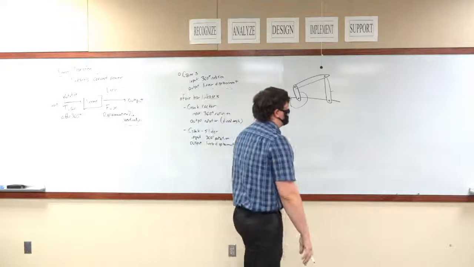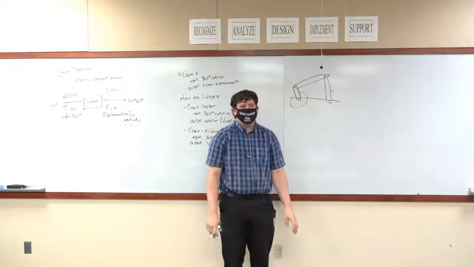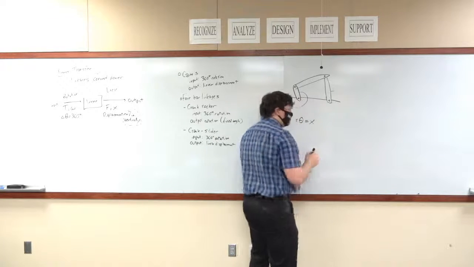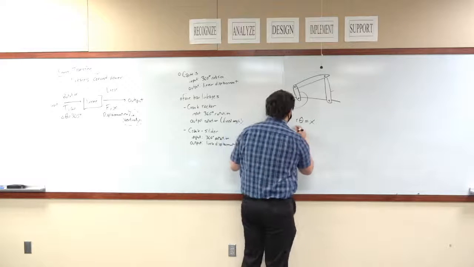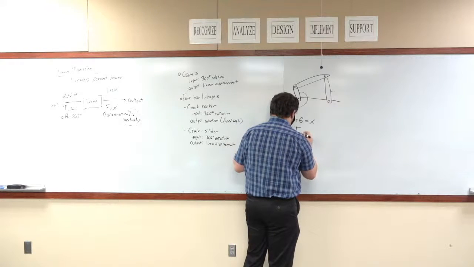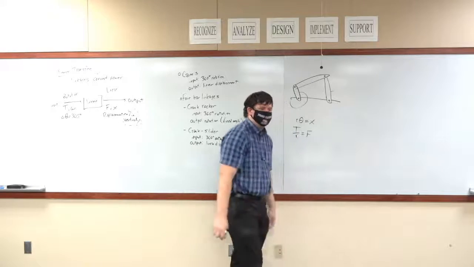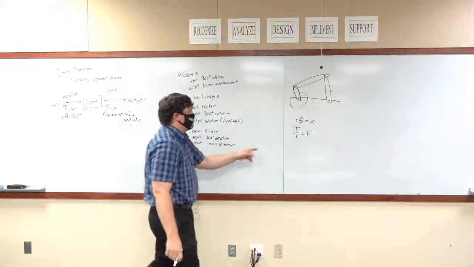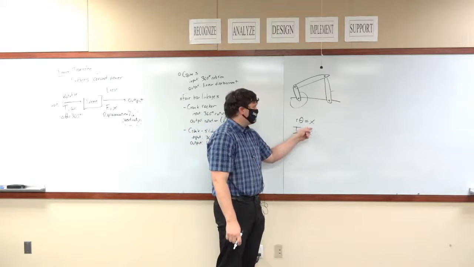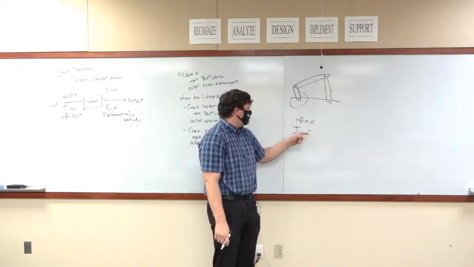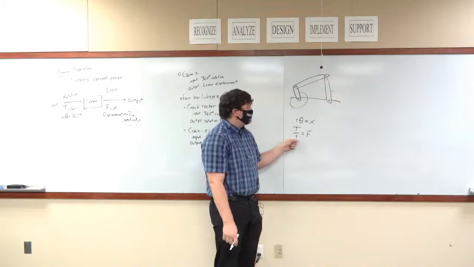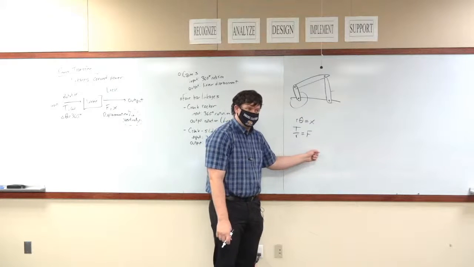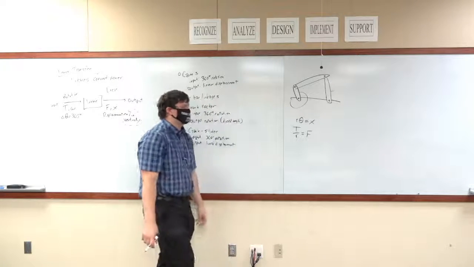The relationship between rotation and translation is simply that r theta is equal to x, and T over R is equal to force. Those are your relationships. So the farther away from your axis you get, the larger the displacement you get. The closer to the axis you get, the larger the force. This is true for all mechanisms. And this is one of the fundamental concepts of linkages.